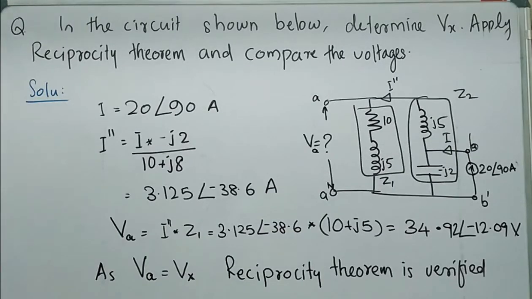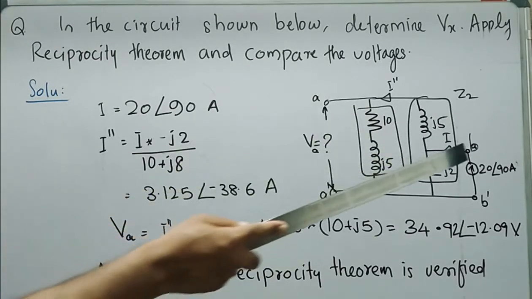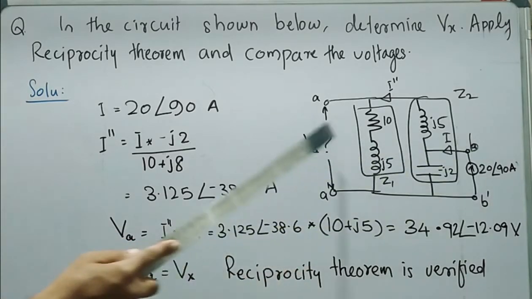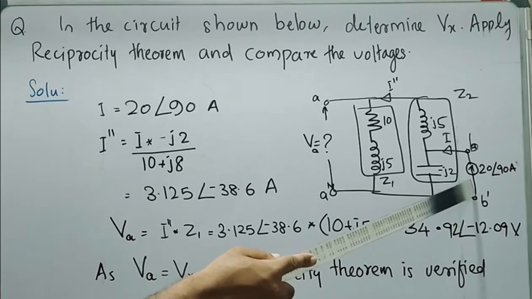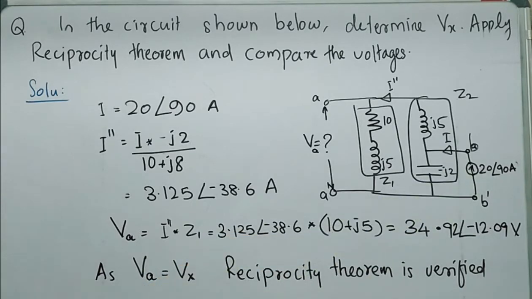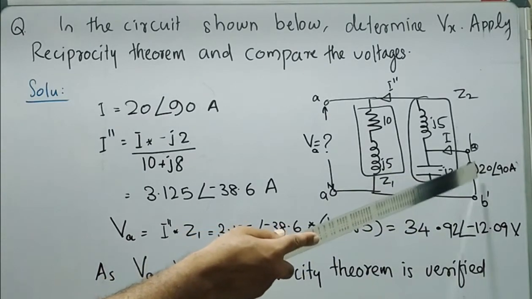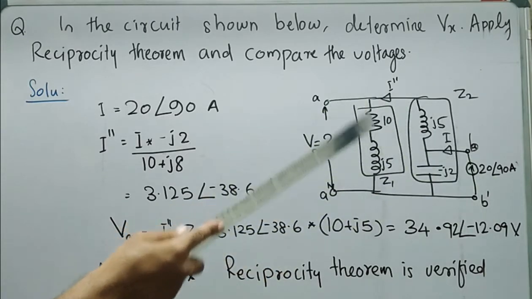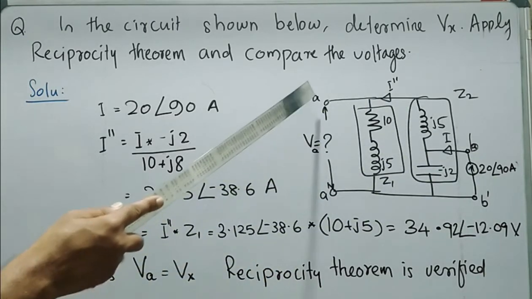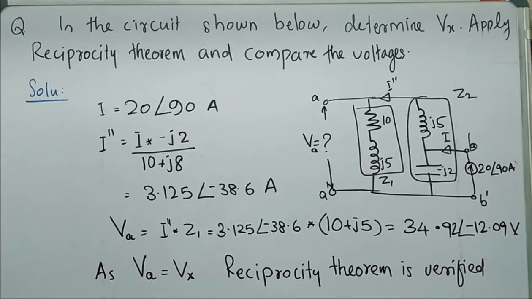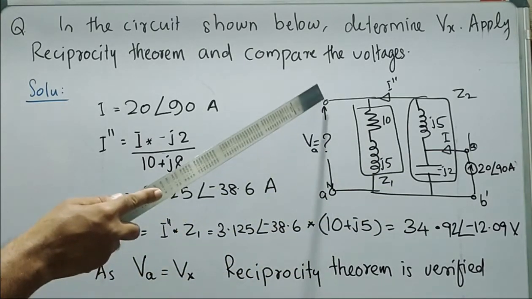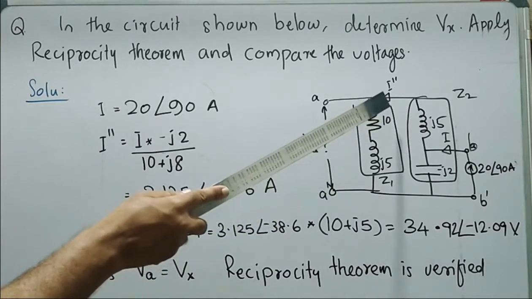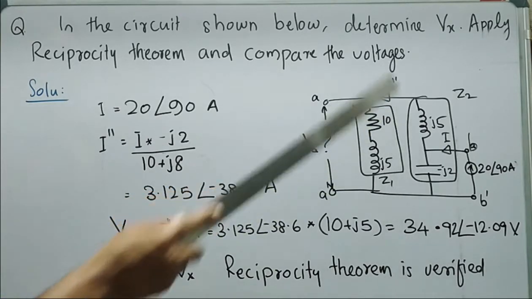In the next case, we need to remove the current source 20 angle 90 from branch A, and we need to connect that into branch B. Due to this current source, we need to find out the voltage across branch A. So in order to find out VA, that is the voltage across branch A, first of all we need to find out I double dash.